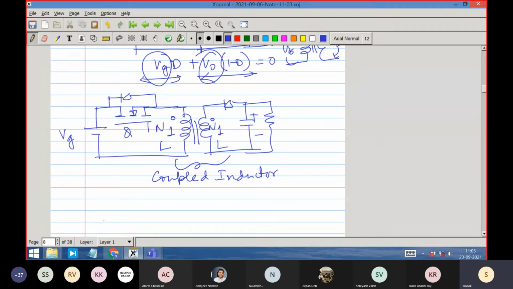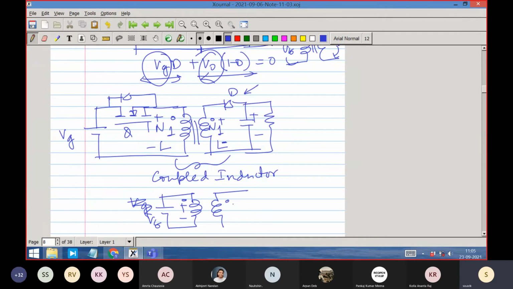So what is the volt second balance? When the switch is on, the voltage here is plus minus, right? So this is VG. Let us see what is happening on the secondary side. If this side is plus minus, then the diode is reverse biased, right? So the diode is reverse biased when the switch is on. Let me draw the equivalent circuit to understand it better. Plus minus, this is VG.